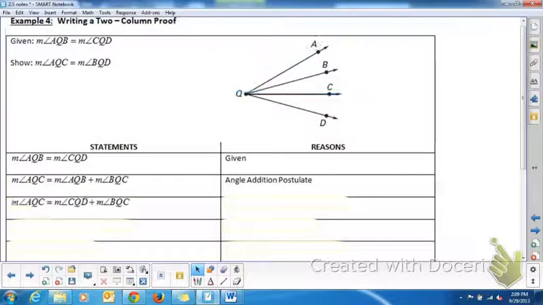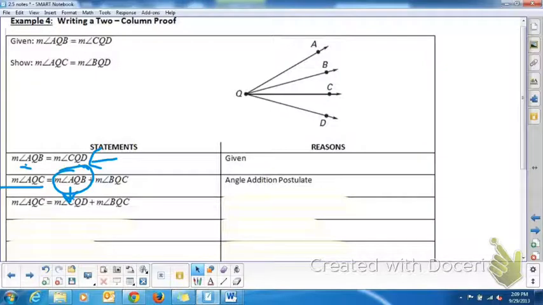Our next step is angle AQC is equal to the measure of CQD plus BQC. How did we do that? Well, in step 1 we said AQB and CQD were equal. Then in step 2 we said AQB plus BQC is this bigger angle, AQC. What did we do with step 2 and step 1 to get to step 3?